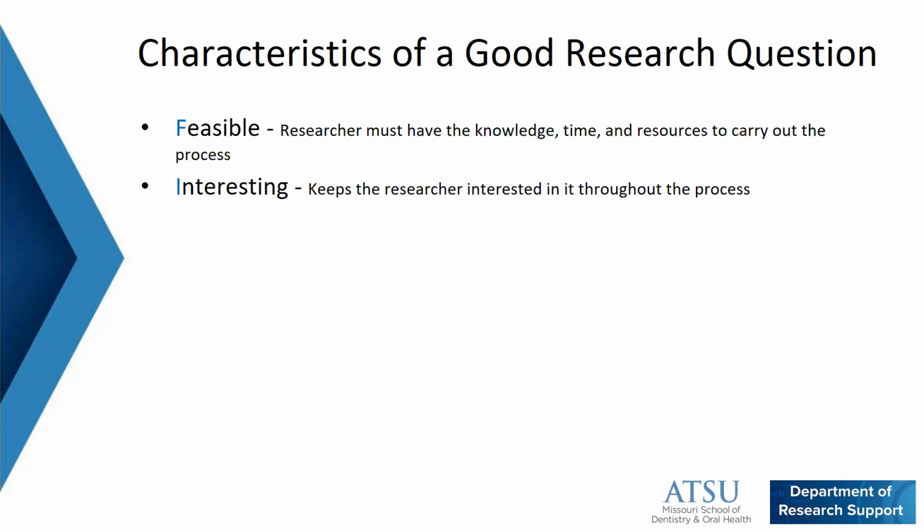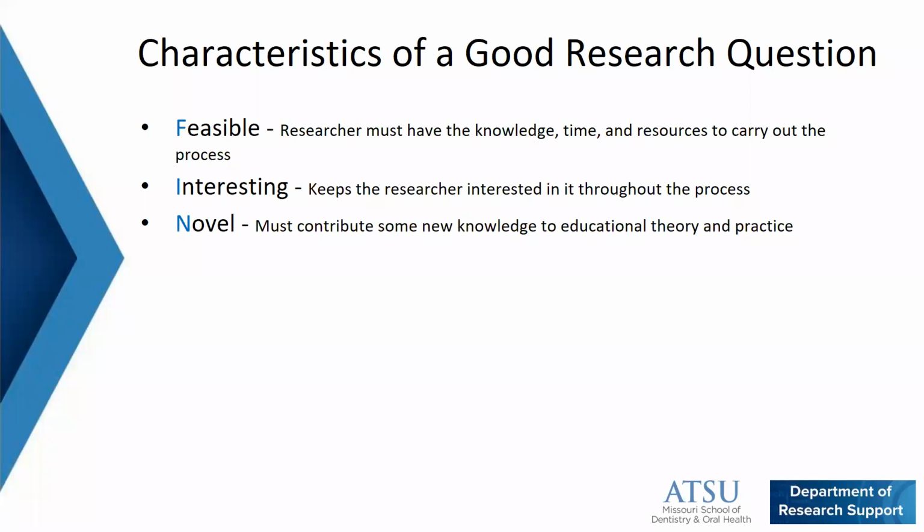The research topic must keep the researcher interested in it throughout the process. N stands for novel. Your research may not be groundbreaking, but it must contribute some new knowledge to the educational theory and practice. Next is E. E stands for ethical, and your research must not do any harm to your participants.